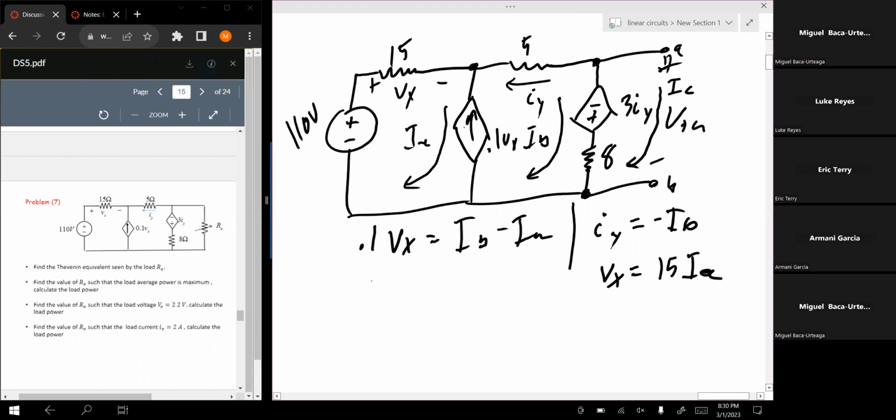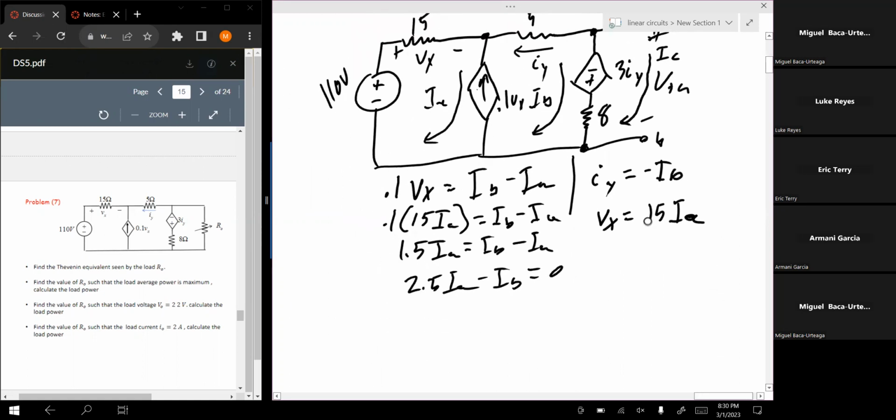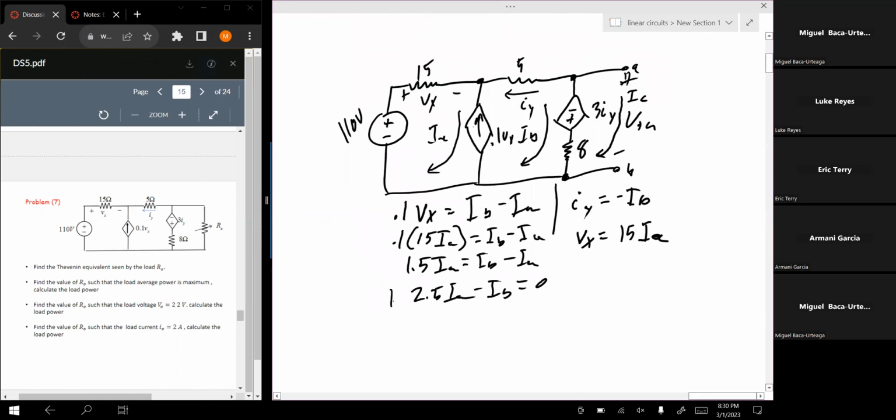If I plug in 0.1 times 15 IA equals IB minus IA, we get 1.5 IA equals IB minus IA. So when I move everything over, I get 2.5 IA minus IB equals 0. That is an equation that we can use. I'm just going to label it. I don't know if that's exactly a formula, but, you know, it's good. All right.